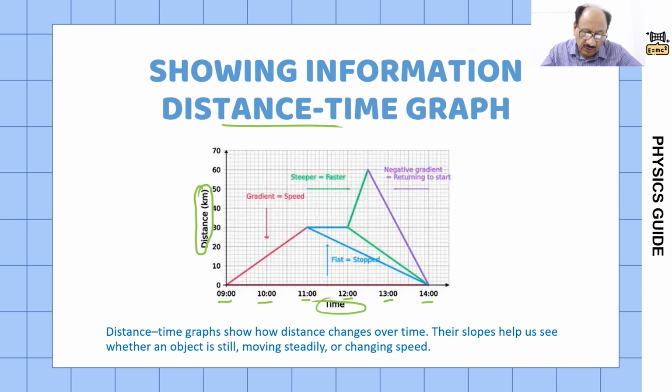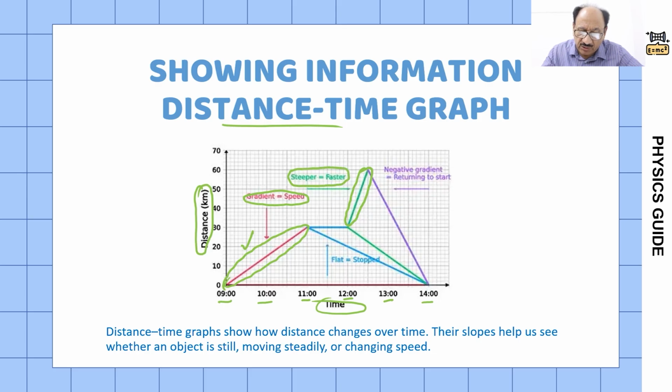Now if the graph is like this, a steeper graph, this is the gradient of it. In a distance time graph, the gradient gives us the speed, and we can see this one is steeper as compared to the previous graph. So we can say this is faster.